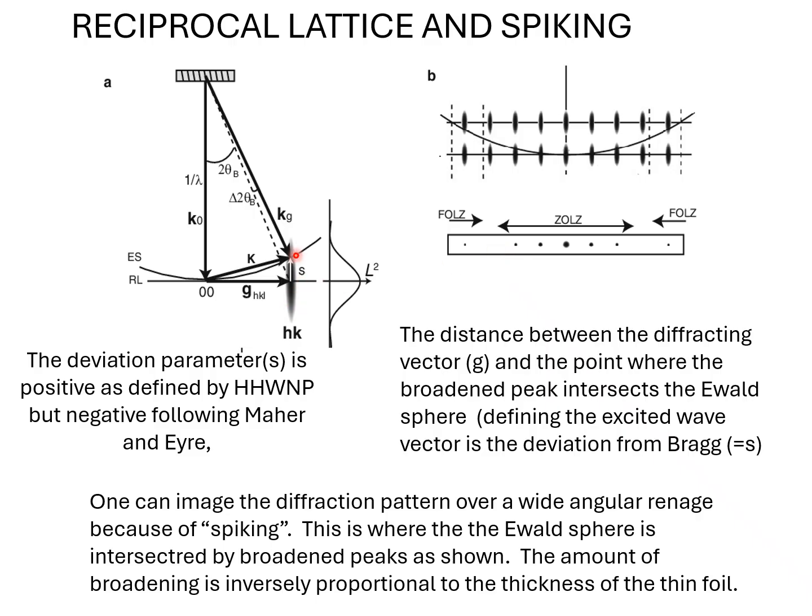So we get this broadening effect, and what that means is that even though we might not be at the Bragg diffraction condition, we will still be sampling or having the condition. If we use the Ewald sphere construction, there's a condition where we're getting some diffraction due to the intersection of the broadened peak with the Ewald sphere.